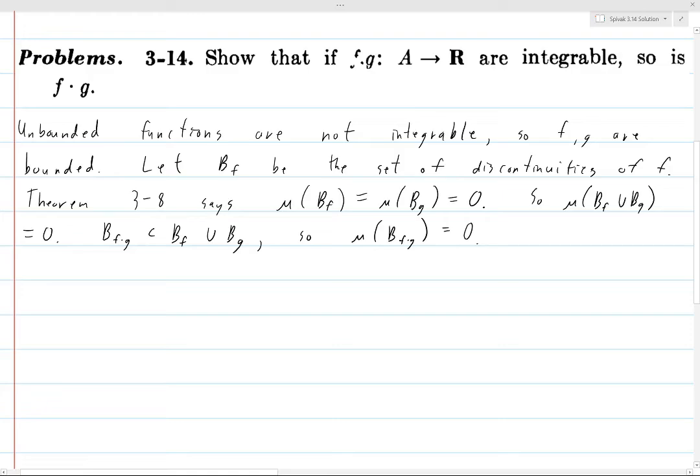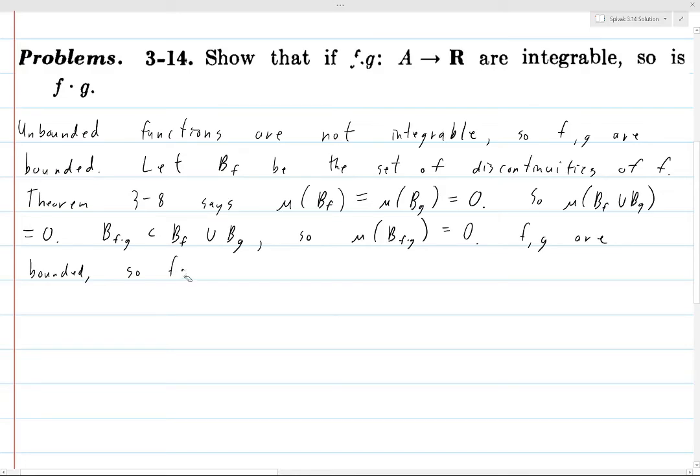Okay. So f and g, again, we need a bounded function. For bounded functions, integrability is equivalent to the set of discontinuities having measure 0. So f and g are bounded.